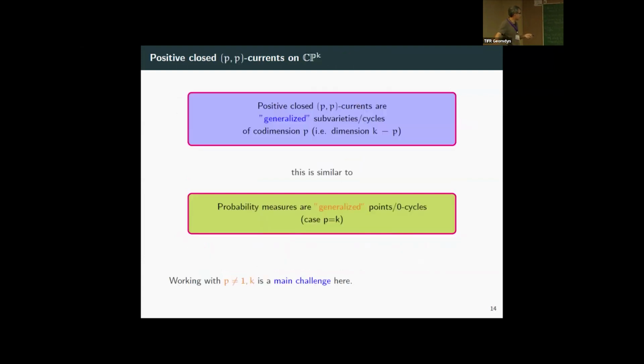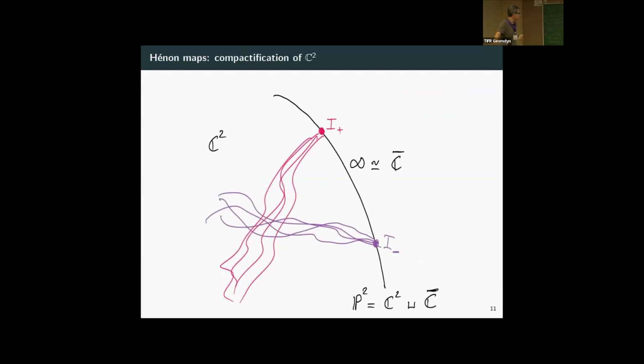So let me come back to this picture. Imagine that you want to put inside this red set a compact Riemann surface. You cannot do that. There exists no compact Riemann surface inside this set, but you can put there a positive closed current. This is possible, but you have only one choice. You have the unique choice for this.